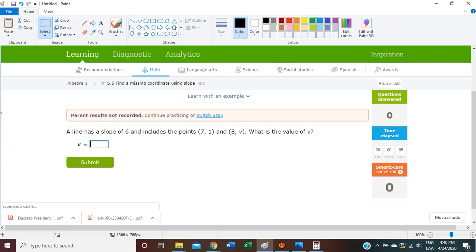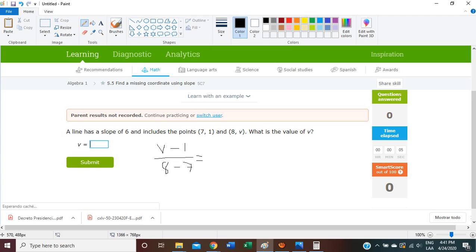So we are going to need the formula. Remember the formula? It was the difference between the second minus the first one. So v minus 1 divided by the change in x, 8 minus 7 equals the slope.